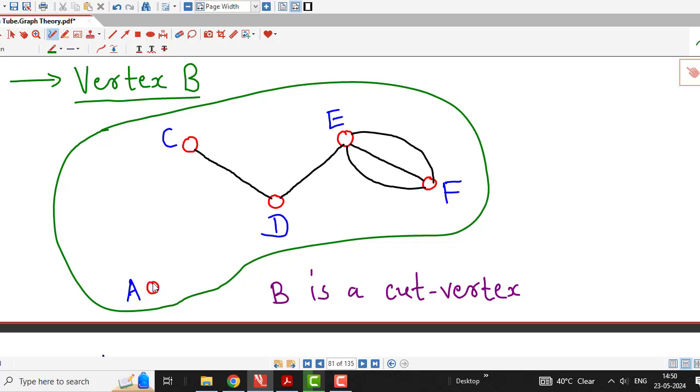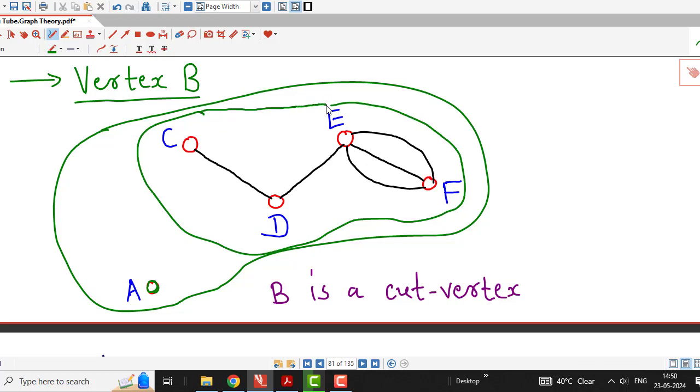There are two components: one component having only one vertex, the isolated vertex A, and another component is this one. Because we obtain a disconnected subgraph, B is a cut vertex.